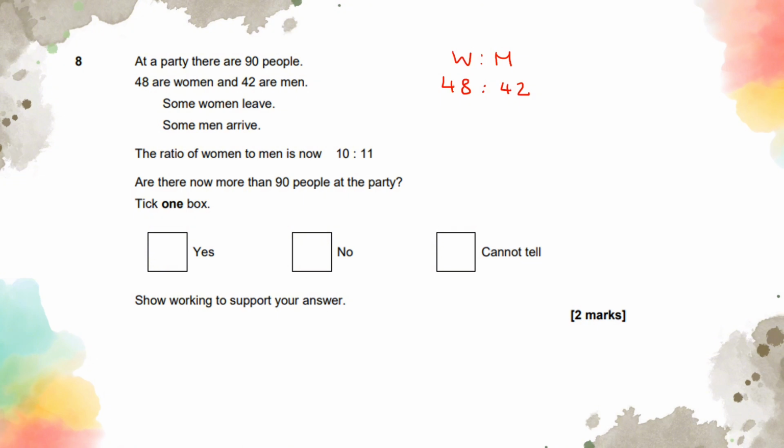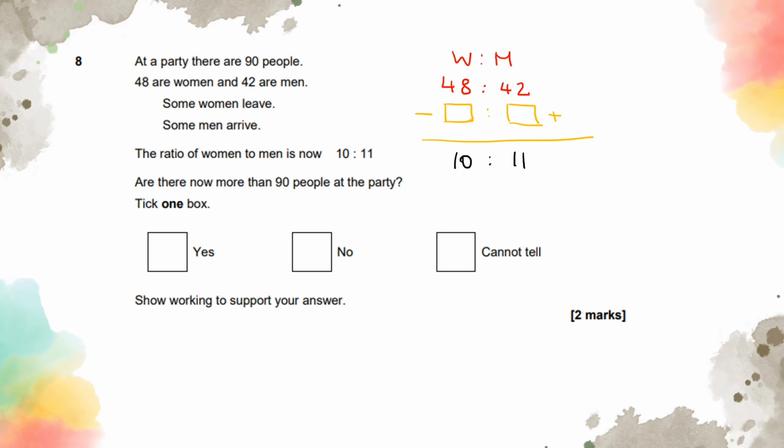It is now the ratio when some people left from this side. So some people left from this side. That means I'm going to take a number away from this. And some people added on to this side. And now my ratio is going to be able to simplify down to 10 to 11.